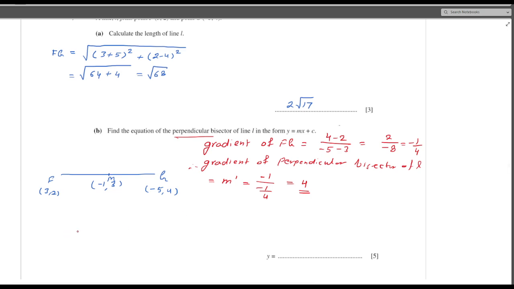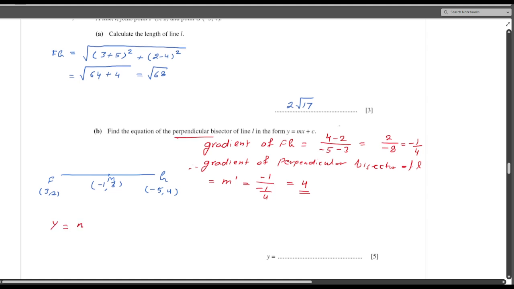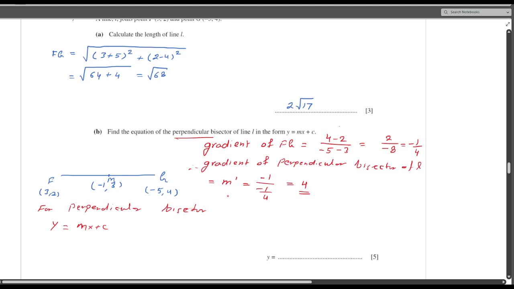So y is equal to mx plus c, this is for the perpendicular bisector line. Y I will replace with 3, and in mx plus c, m we know is 4, so I can say 4x plus c, and then y I replace with 3, so 3 is equal to 4 into minus 1 plus c.